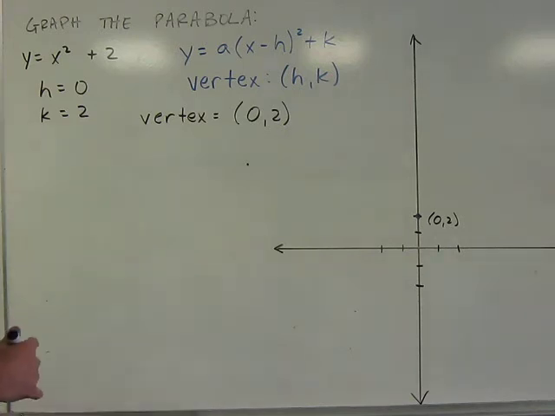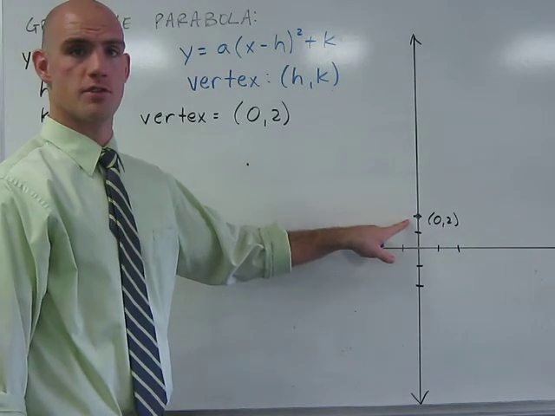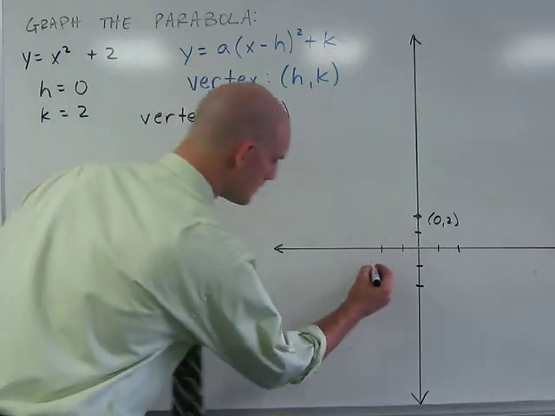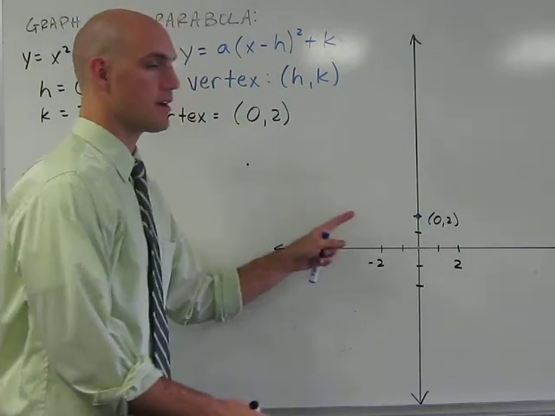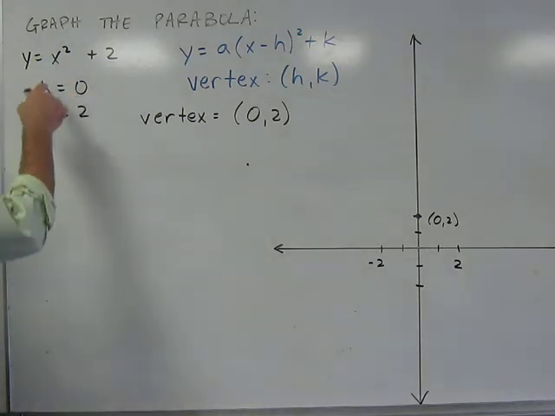So, I'm going to go to the left and to the right of our vertex to try to find a point that fits into our equation. It looks like -2 and 2 are going to be on either side of our parabola, so I'll go ahead and put in -2 for x.